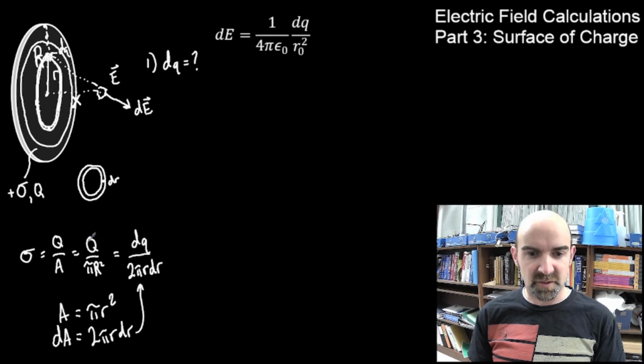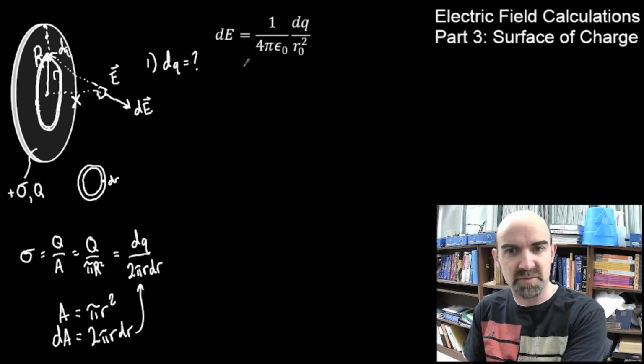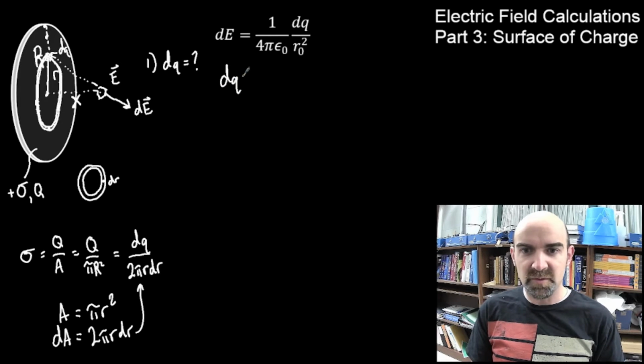All right, so we have here sigma is equal to dq over 2 pi r dr. Therefore dq will be equal to sigma times 2 pi r dr.